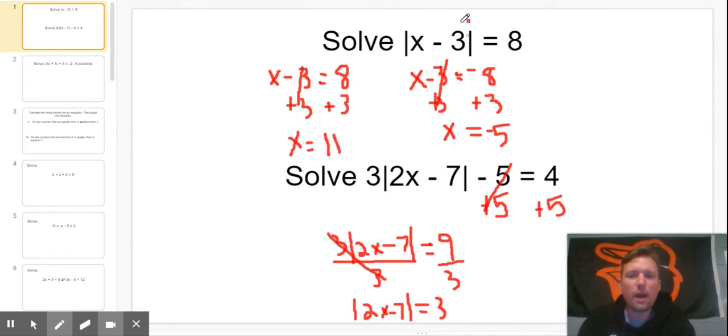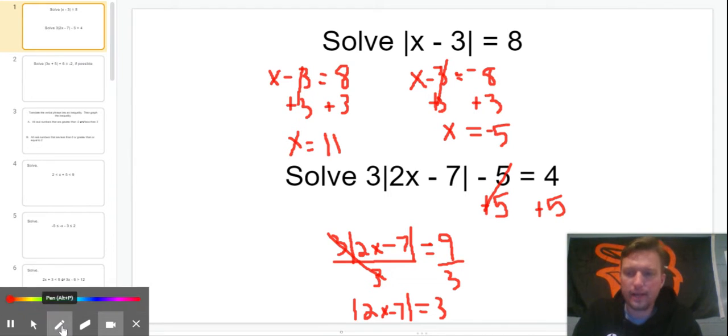So in the same way that we solved the first example, we're going to write this as two different solutions, because the absolute value is how many steps away from 0 a number is.